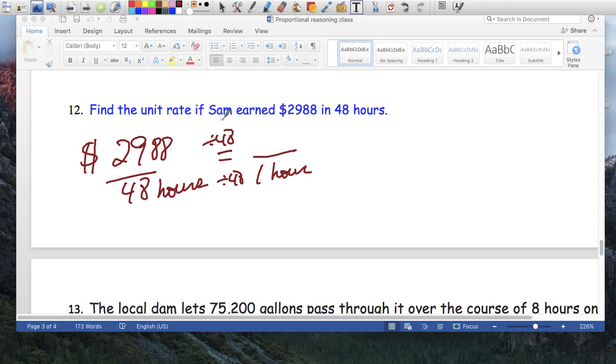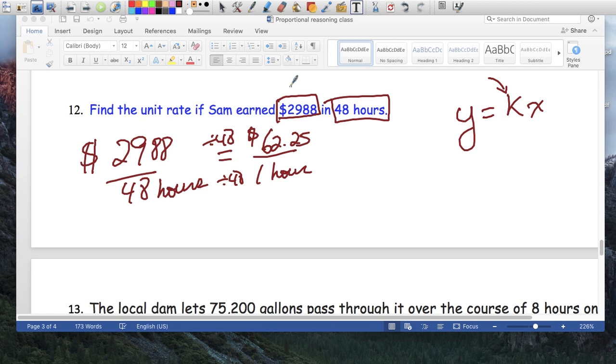13, what is going on with 13? A local dam lets 75,200 gallons pass through it over the course of 8 hours. So here we have a relationship, and we can also already start writing that as a rate. So 75,200 gallons in 8 hours. We have that relationship on Wednesday.